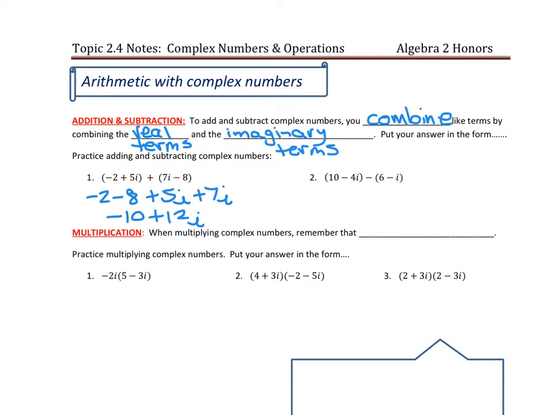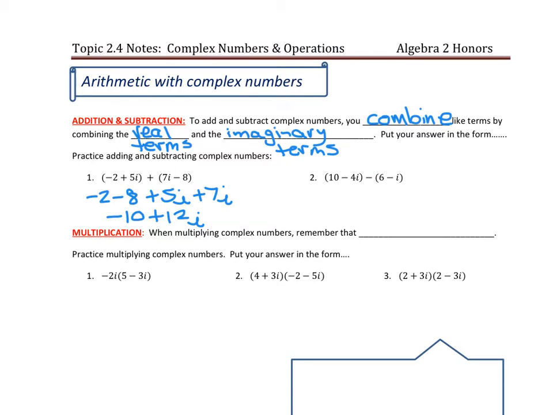And I do want you to get in the mode of putting your real term first, followed by your imaginary term. Now in the second example, we're finding the difference. We're subtracting, and in this case, the parentheses do matter. So this is effectively like a negative 1 in front of a set of parentheses.